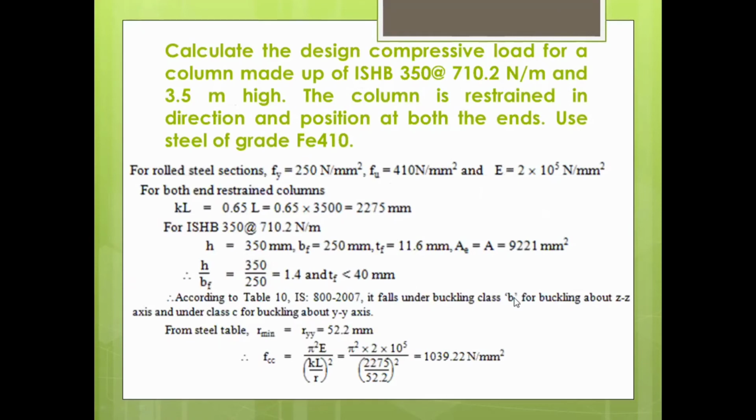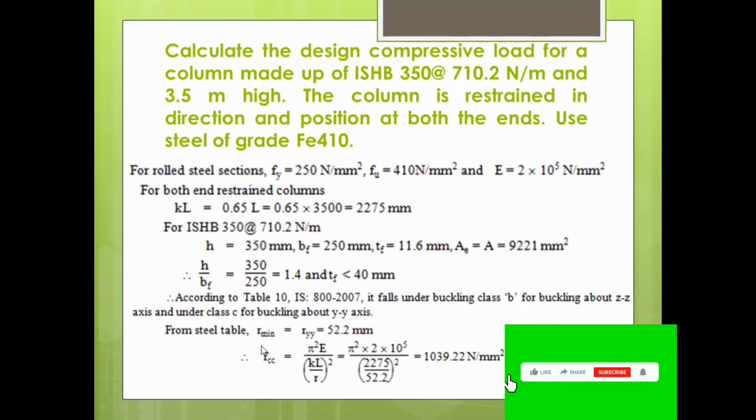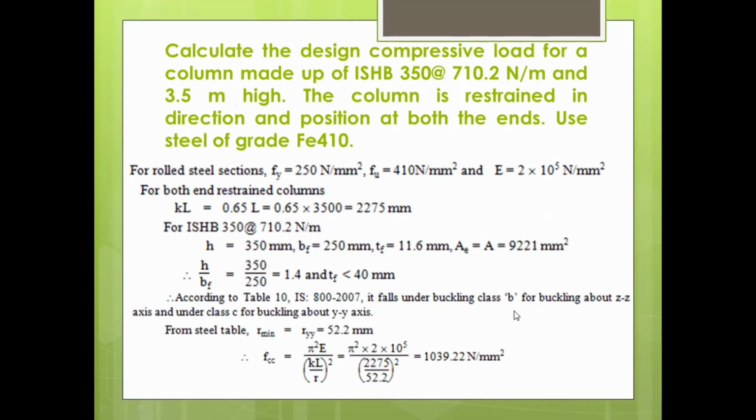Now, just one point to mention: either B class or C class is to be selected. For such cases, you consider B class. It is the worst possible case. Class B should be considered. So when there is a confusion that according to one classification the section is under B category and according to another criterion the section is under C category, then you consider the upper class.